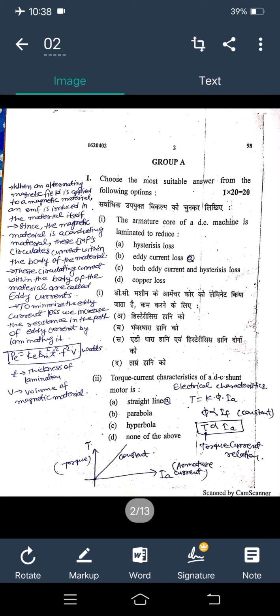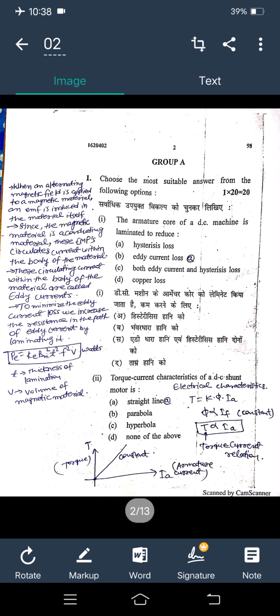Here you see the formula for the eddy current loss. PE is equal to KE into BM square T square F square V. Here T is the thickness of the lamination and V is the volume of the magnetic material. Eddy current loss changes with the square of the thickness of the lamination.